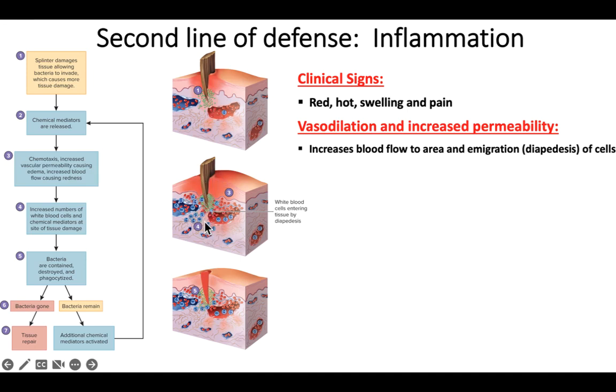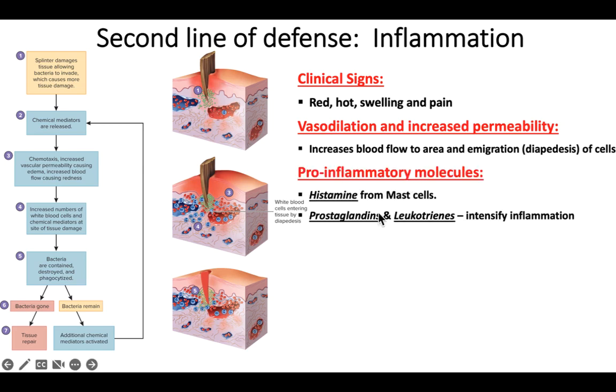So you want to get blood there quickly to deliver immune cells. So we'll deliver those neutrophils, and we'll deliver macrophages, and we'll start to kill those bacteria. Some of these pro-inflammatory molecules include histamine. Histamine is a major molecule that causes inflammation.